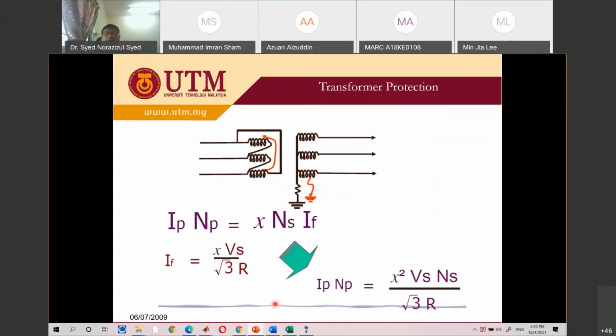Then, when we change to the equation using this equation, the I primary, where N is the turn ratio, equals x squared Vs Ns over Z3R. We just change the IF here, since based on this equation you can put it inside this part.